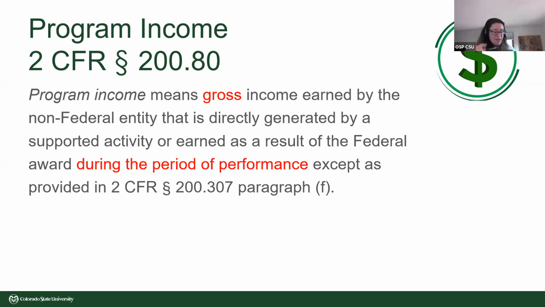Can you all chime in with some examples of when you might see program income on an award? Workshops. Okay, thank you, Jessica. So what about workshops? Conference, so conference and workshops.